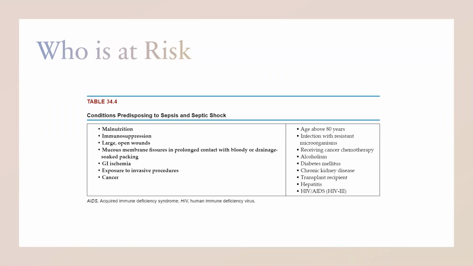I mean, if the patient's throwing a clot to their small intestine or large intestine, they're at huge risk for infection. Invasive procedures. What are invasive procedures? Triple lumen catheters, catheter-related bloodstream infections, your CAUTI, your VAP, patients with cancer, unfortunately, and then the rest of them.